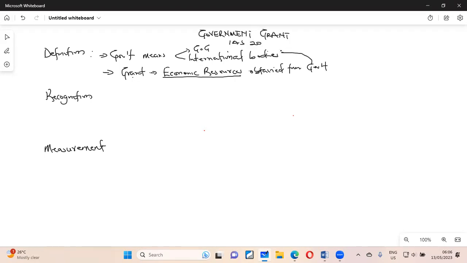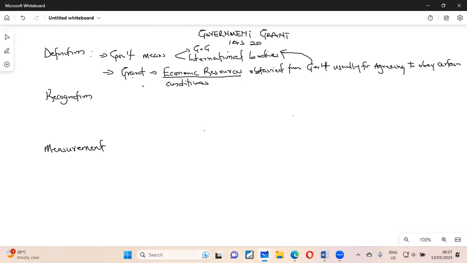And the last aspect you have to take note of is that usually, after obeying certain conditions, or usually agreeing to obey certain conditions, you get the grant.